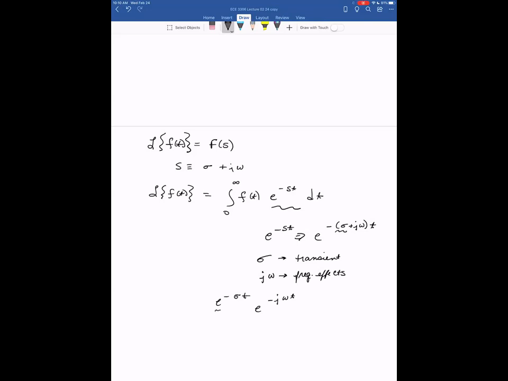So if you have exponential decay, which you get in like RC circuits, you would get that from sigma being non-zero. If you have some oscillation, which you would get in RLC circuits or AC circuits, then omega would be non-zero. So it really allows you to represent a broad amount of what's happening.